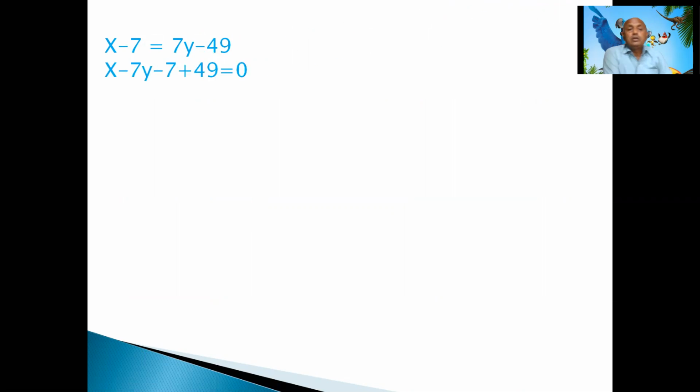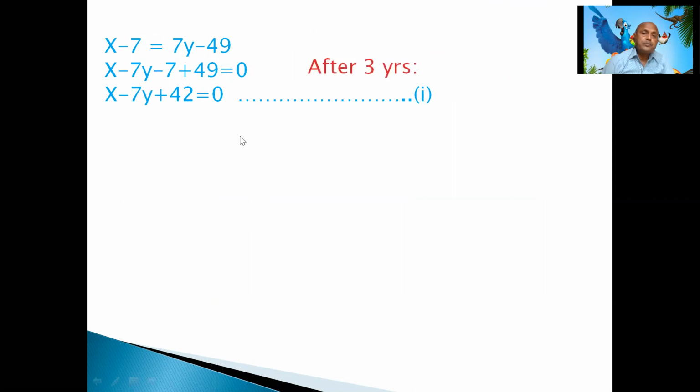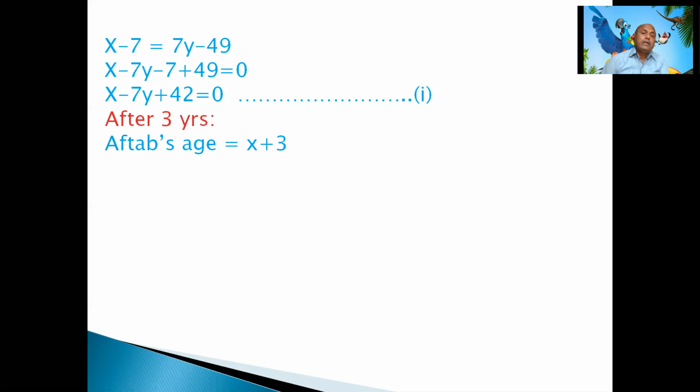Simply transpose the values to this side of the equation. You will get x minus 7y, 7y becomes negative and 49 becomes positive. Solve it, x minus 7y plus 42 is your first equation. Then according to the second condition, after 3 years, Aftab's age will be x plus 3 and the daughter's age will be y plus 3.